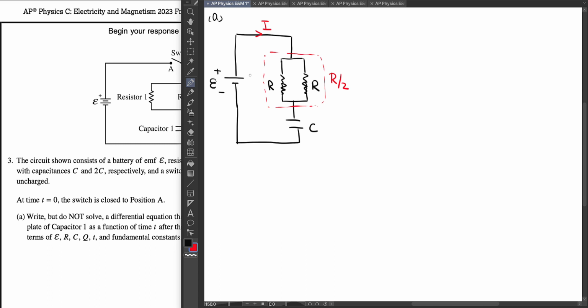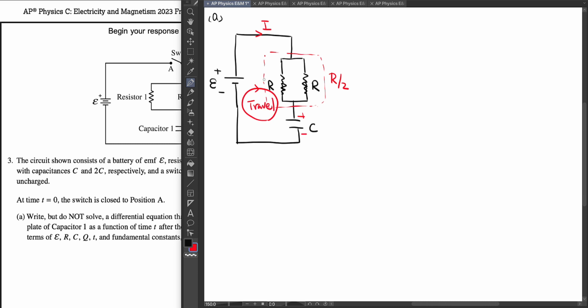So the positive terminal here will apply a current in this direction, going through the capacitor C, charging capacitor C. So the upper plate will carry positive charge, and the lower plate will carry negative charge. And we also need to select a travel direction. So I'm going to say it's clockwise.